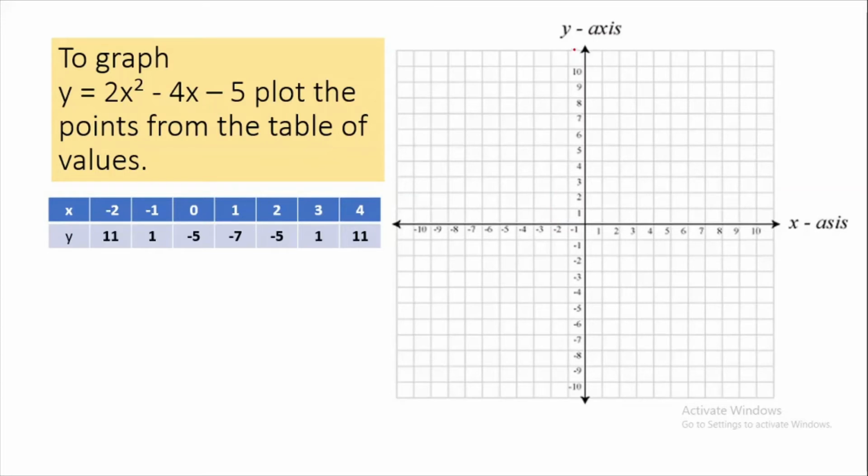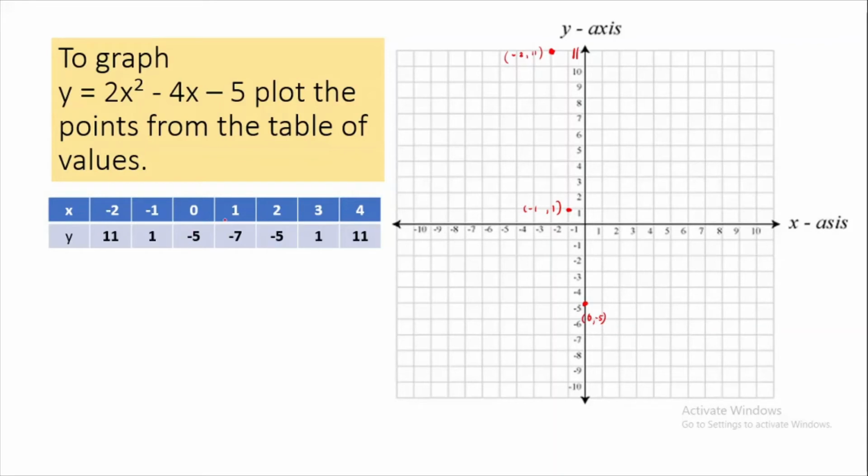This is 10, so the next line should be 11. So this is the point (-2, 11). Next is (-1, 1). So this is negative 1 and then 1. And then (0, -5).